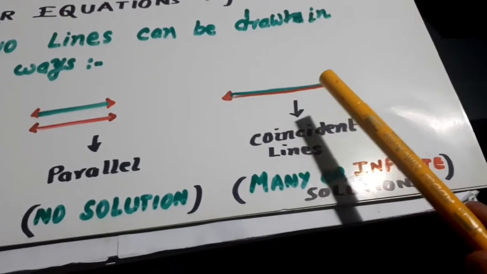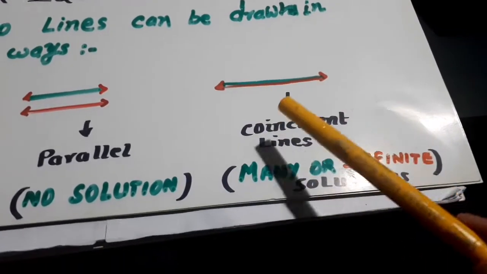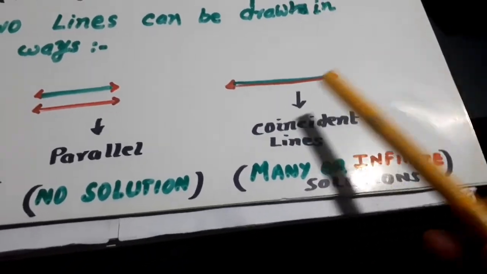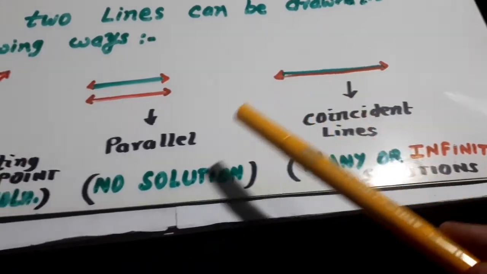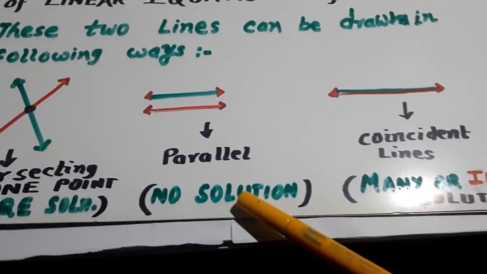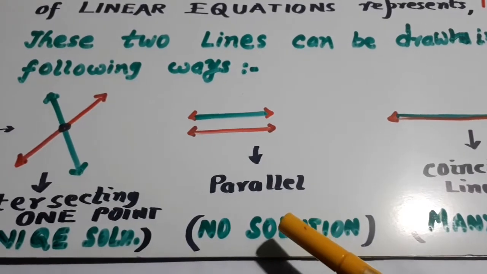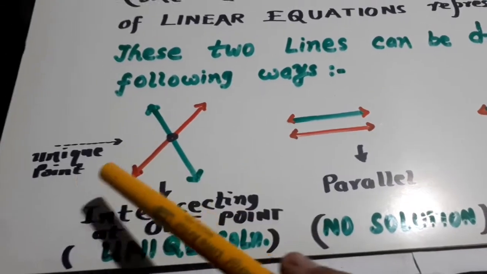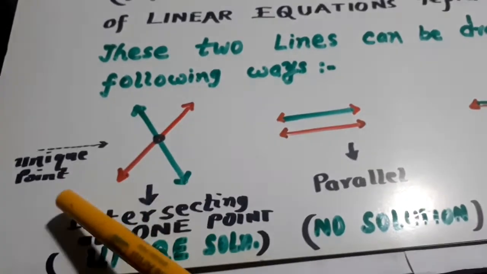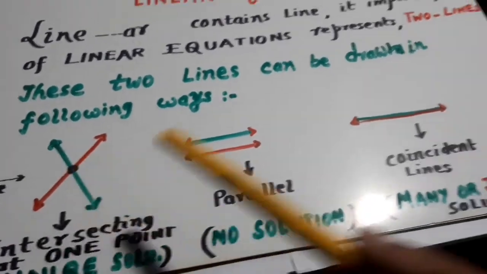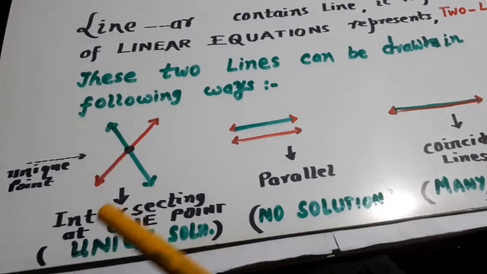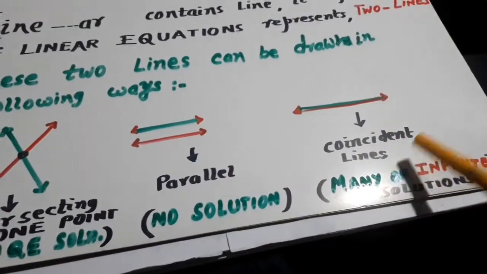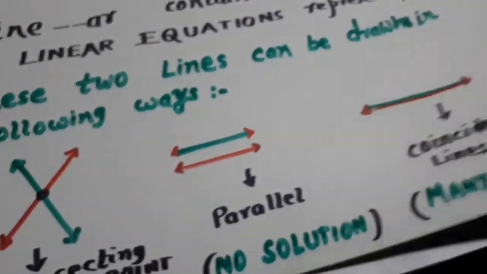One line is overlapping the other line. So there are infinite solutions in this case. In the parallel case, there is no solution because there is no point of intersection. And here there is only one solution, that is the unique solution. One solution, many solutions. Now let us go further.